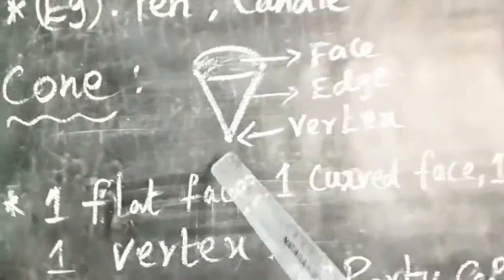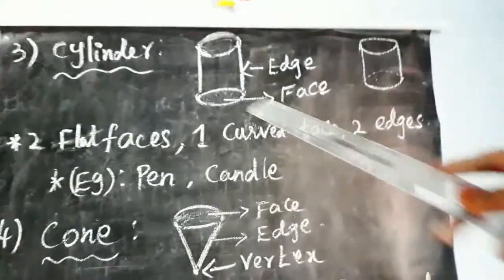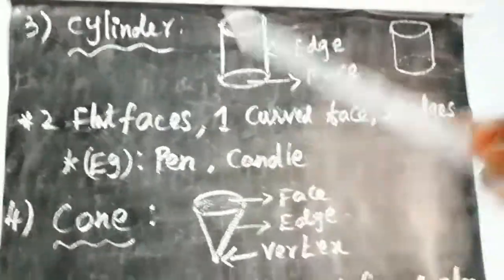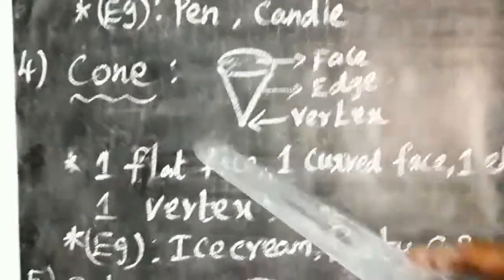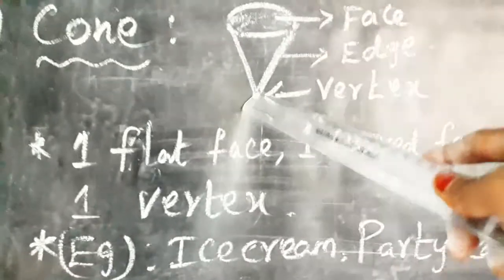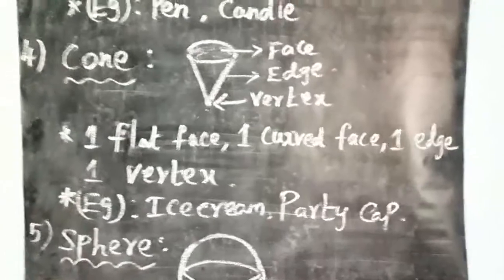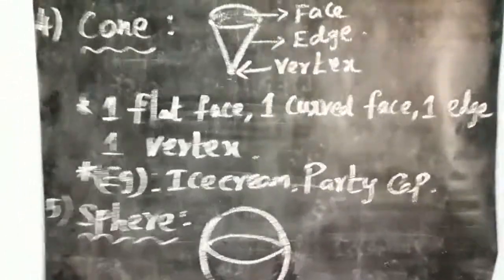And one vertex. Cylinder has no vertex, but cone has only one vertex. For example, ice cream and party cap are examples of cone.